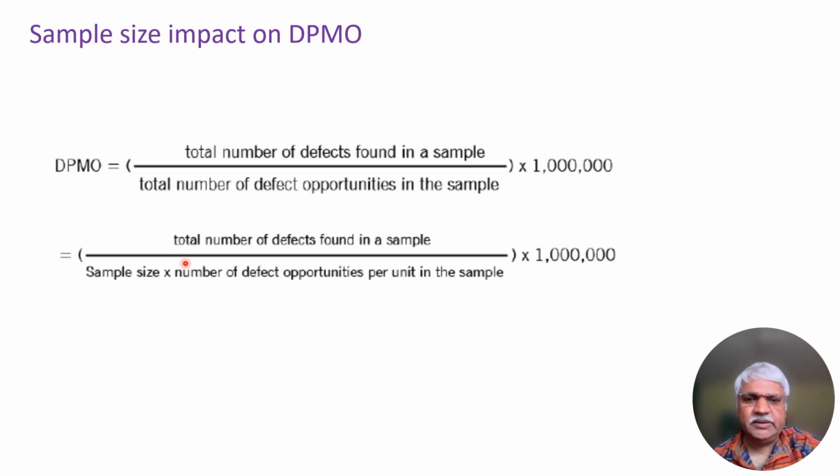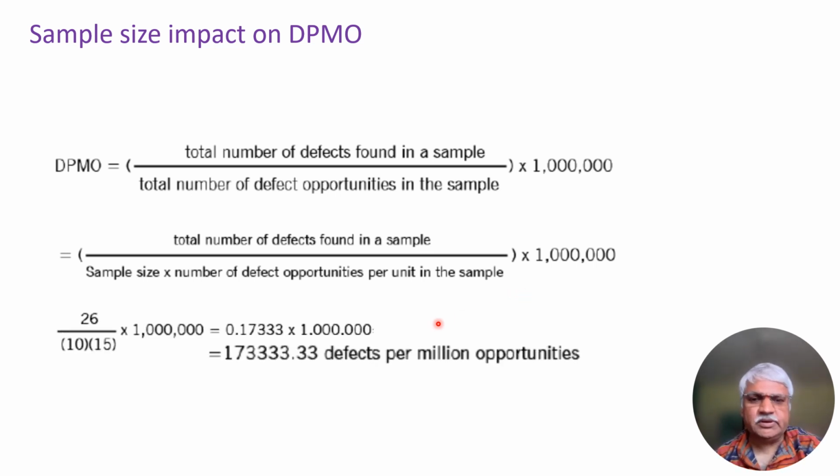So DPMO can also be written as total number of defects found in the sample by sample size into number of defect opportunities per unit in the sample. So for example, assume there are 26 defects found in a sample analysis, and the sample size is only 10.